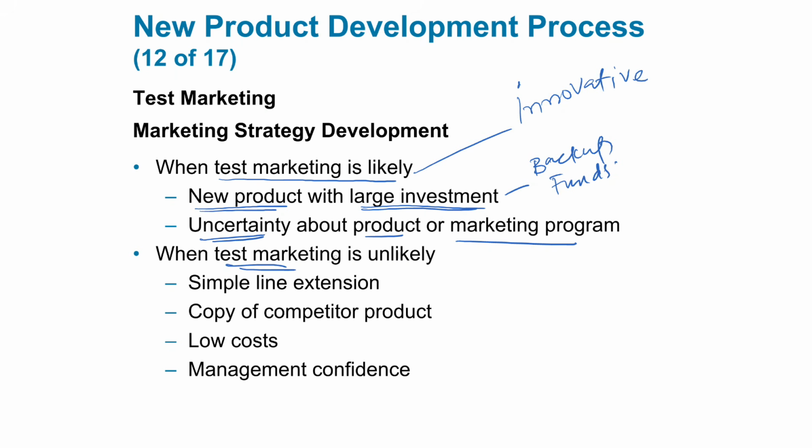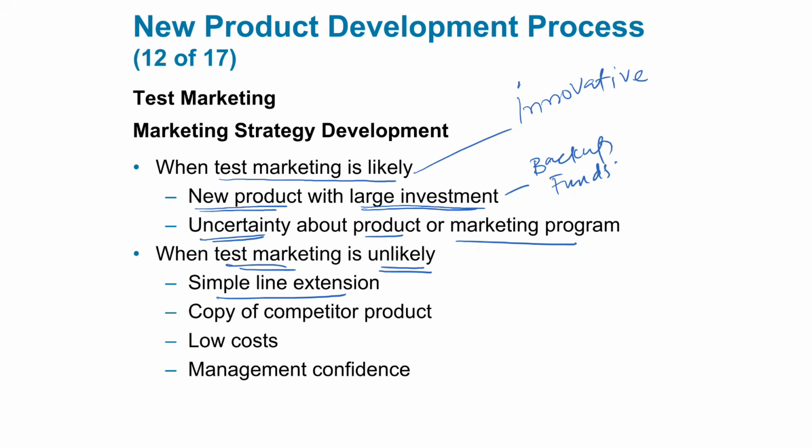Test marketing normally you will not do if it is a simple line extension. So you're just extending the existing product line. What is product line? Refer to my lecture on branding. In branding we have brand extension, we have product extension, and so on. So that will be covered there. It's a simple line extension.